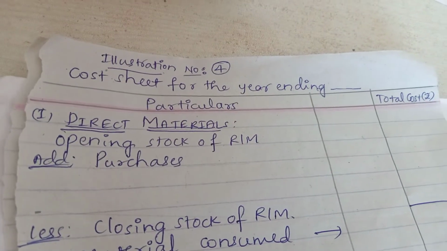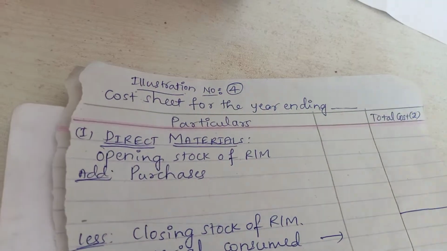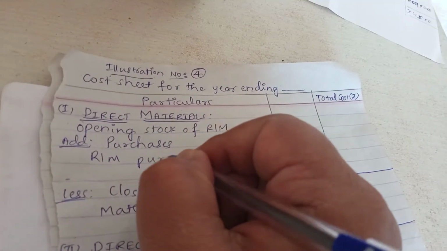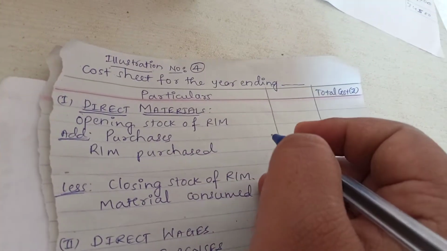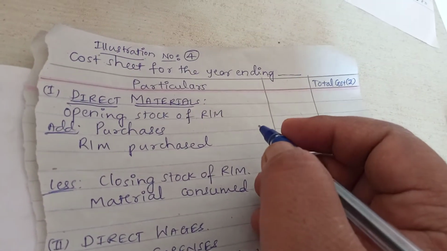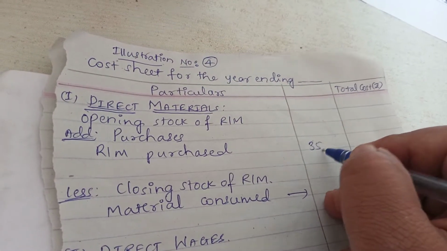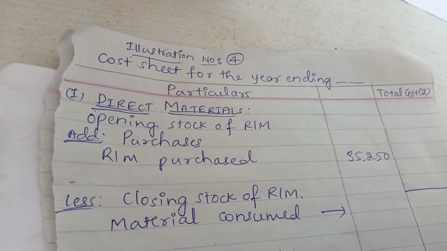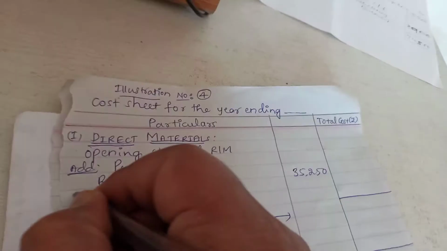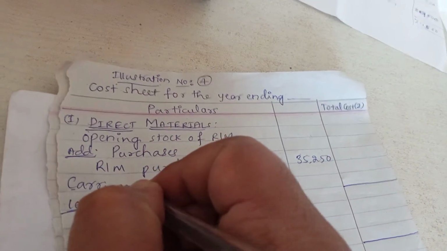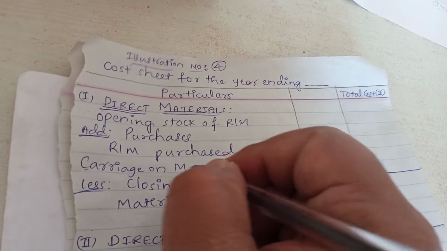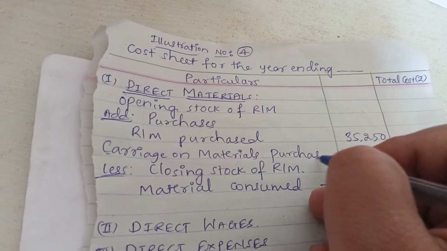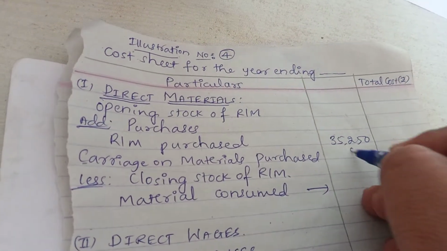Two types of purchases are there. One is raw materials purchased, amounted to rupees 35,250, and another purchase is the carriage on materials purchased, amounted to rupees 850.